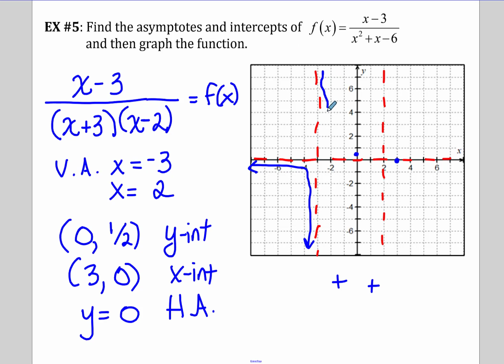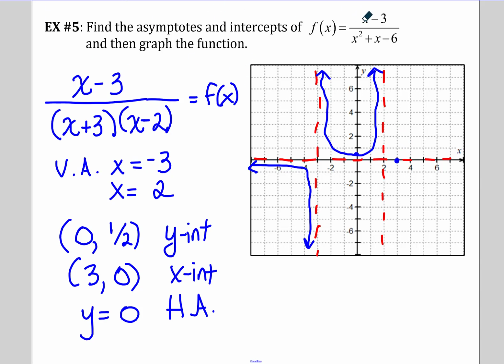It's got to go close to the asymptote. It's got to come over here and go through the y-intercept, and then it's got to curve and go up like that. Just based on the behavior of the signs of the y values. And then if we tried 4 here, think about 4 minus 3 is 1, and 4 squared plus 4 minus 6 is, let's see, 14, right?